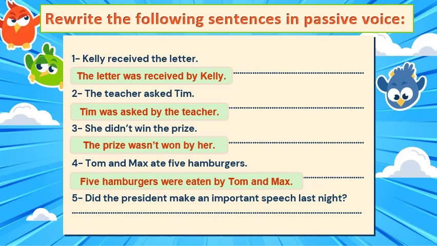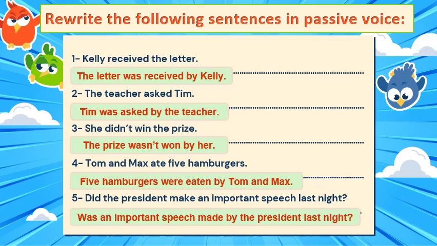Think about it. That's right. So, was an important speech made by the president last night? Because here, an important speech is singular, so I added was and made the past participle, and I continued the sentence.